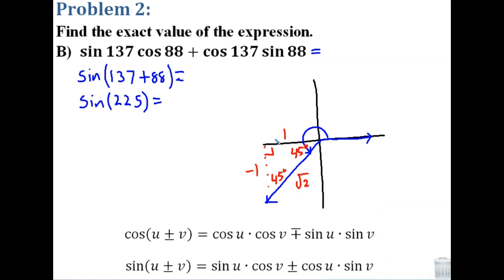Both the opposite and adjacent are negative in this case. And we can say our sine ratio is equal to the opposite, negative 1, over the hypotenuse, square root 2. Which, if we rationalize, we end up with negative root 2 over 2.